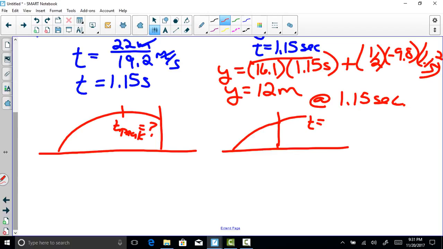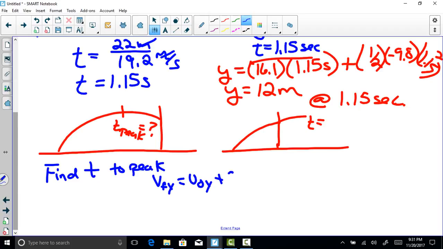So we're going to find the time to the peak. I'm going to use v final y equals v initial y plus g t, because v final y at the peak is 0.